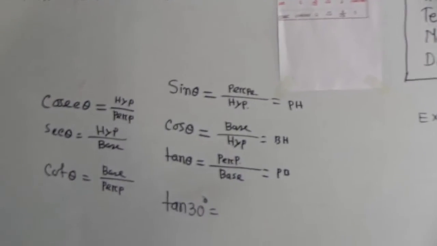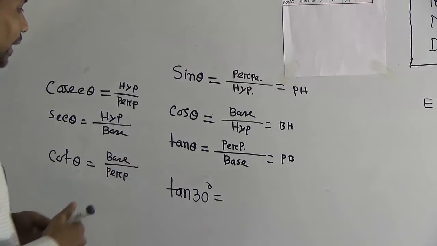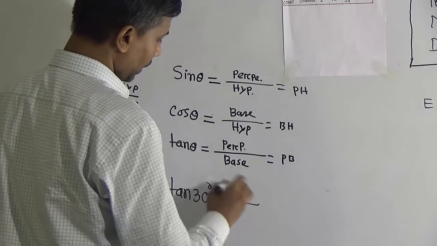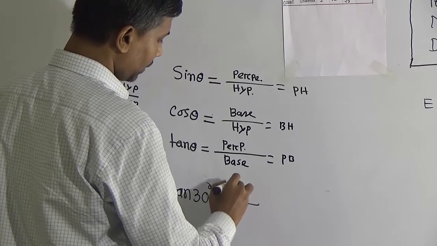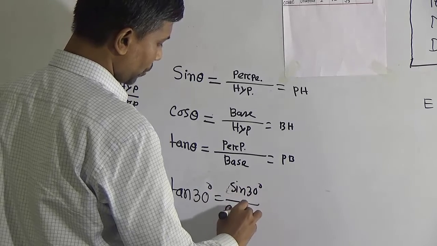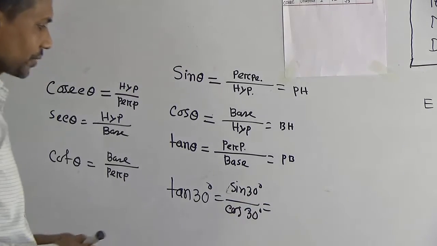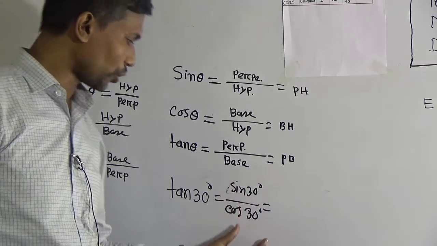We know tan theta means sine theta by cos theta. That means sine 30 degree by cos 30 degree.